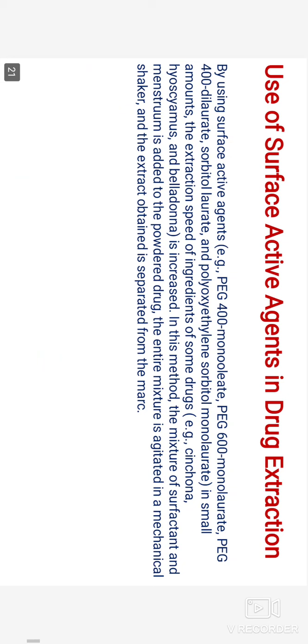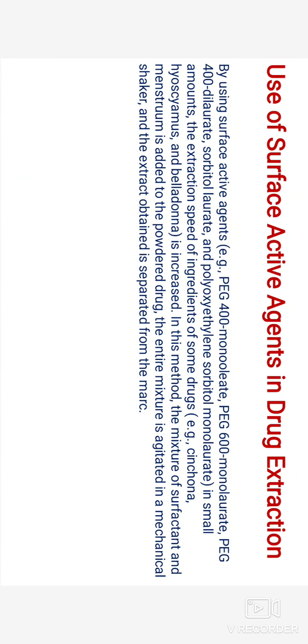Then use of surface active agents in drug extraction. Examples are PEG, that is polyethylene glycol 400 monooleate and 600 monolaurate, polyethylene glycol 400 dilaurate, sorbitol laurate and polyoxyethylene sorbitol monolaurate.